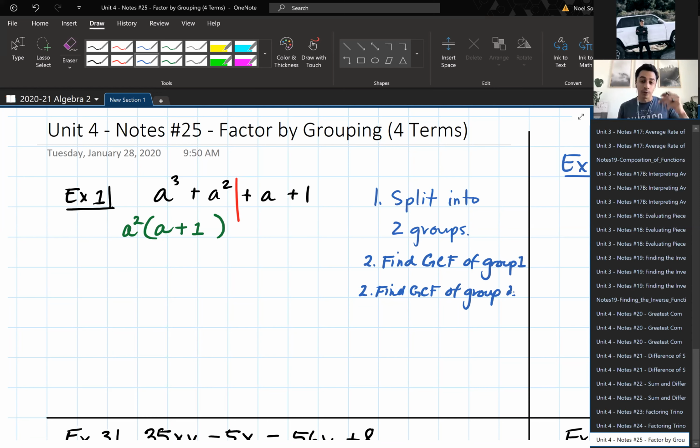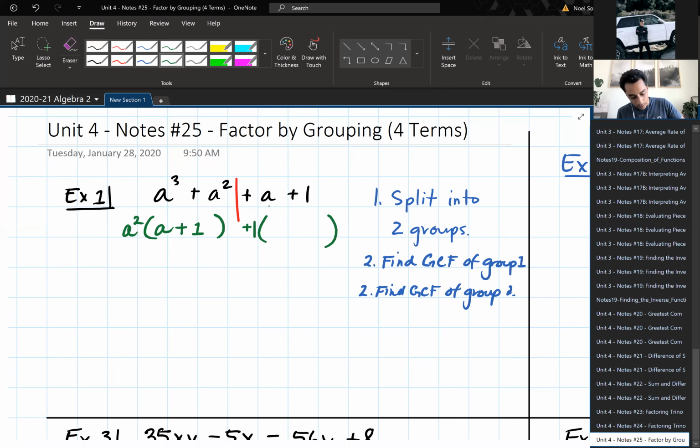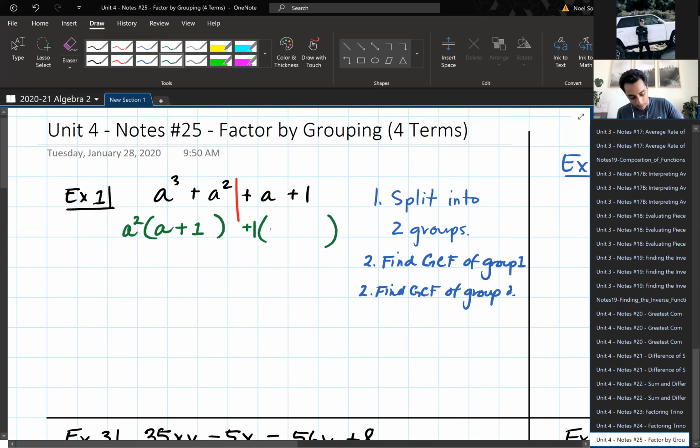So you need to factor out something, even if what you factor out is a 1. So we're going to factor out positive 1. Although that doesn't change anything, it's like taking a, dividing it by positive 1, you still have a. You take positive 1, you divide it by positive 1, it's still positive 1.